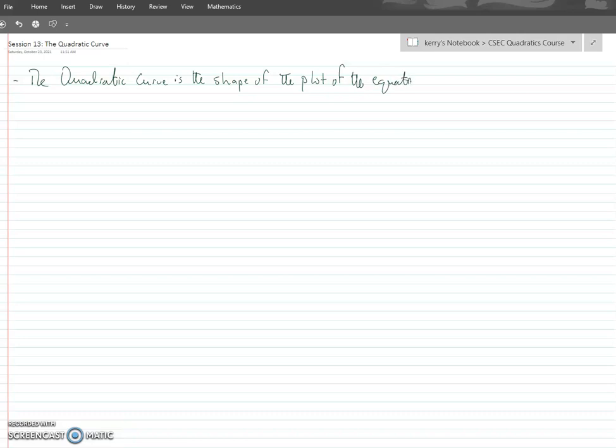So we're looking at the equation y is equal to ax squared plus bx plus c. When you plot or sketch this equation, this is the shape that you want to get.